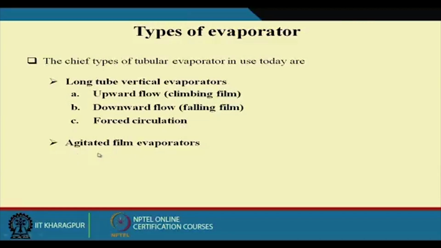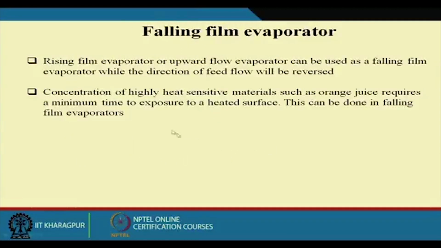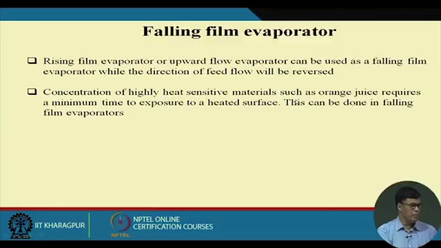Another is the agitated film evaporator. Then, the rising film evaporator, or upward flow evaporator, can be used as a falling film evaporator while the direction of the feed is reversed, because it is flowing up and the concentrated liquid will go down. The concentration of highly heat-sensitive materials such as orange juice requires minimum exposure time to the heat surface. This can be done in a falling film evaporator.